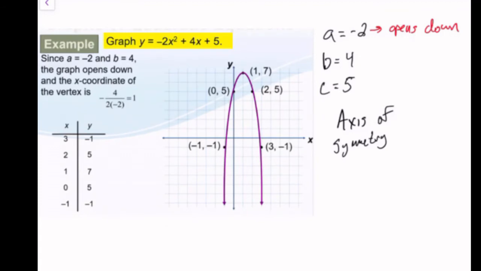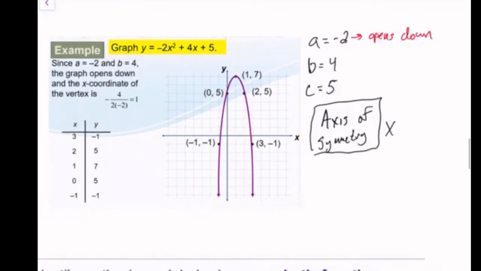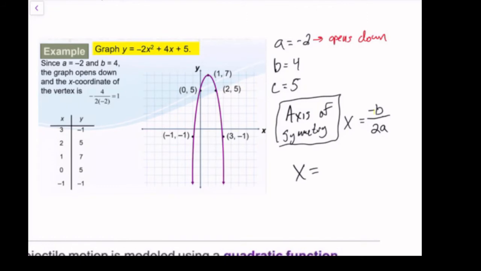Now let's find the axis of symmetry. The equation of axis of symmetry is x equals -b divided by 2a. The b value in our example given is a +4. And the a value in the equation given is -2.